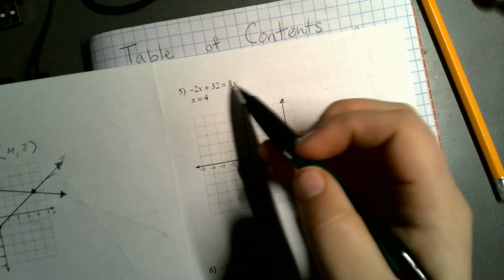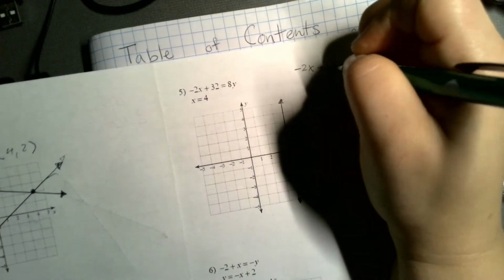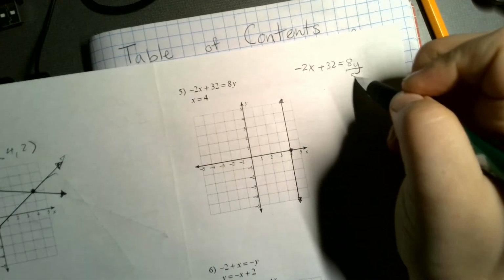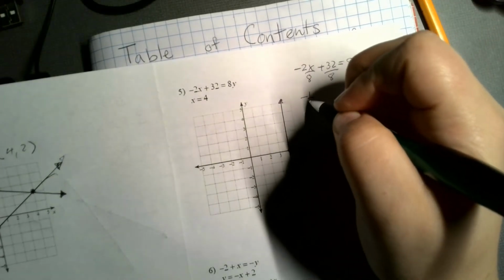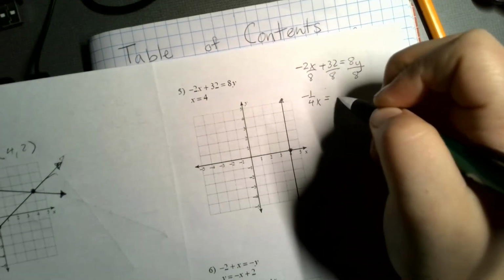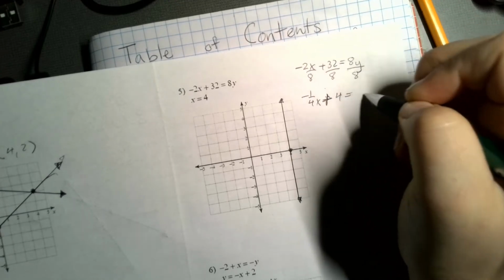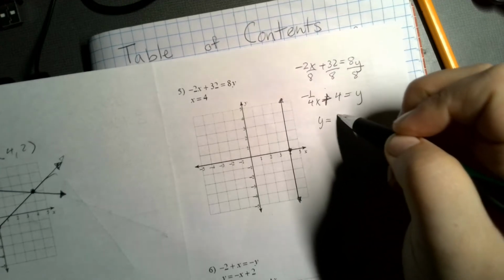But now this one, it's a lot easier if we just get it in slope-intercept form. So we're just going to get the y by itself. So I'm going to divide by 8. Notice I'm dividing every single group by 8. Oh, sorry, plus. 32 divided by 8 is 4. Now the order doesn't matter, so I can change and put the y on this side.